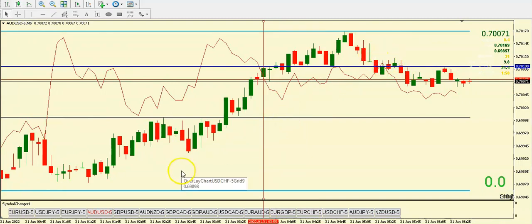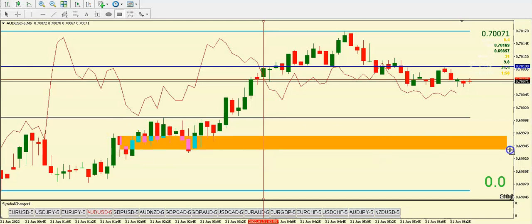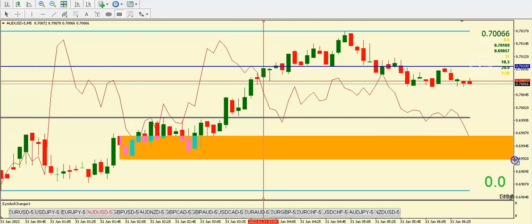Oh, and I had put marked, I believe it's this one. And it basically did do an institutional order for entry trail right here.